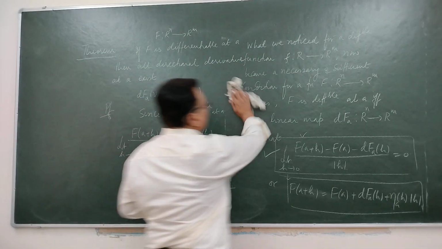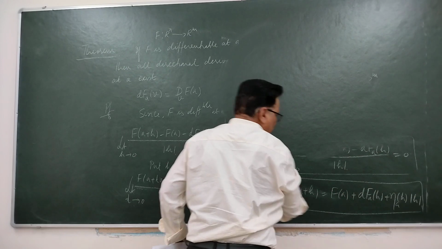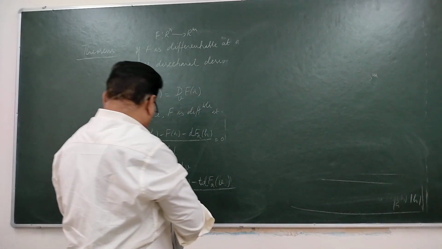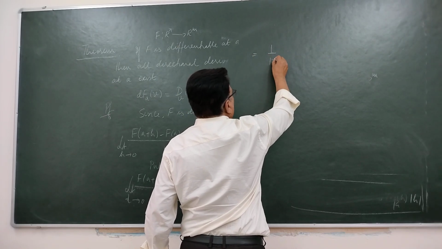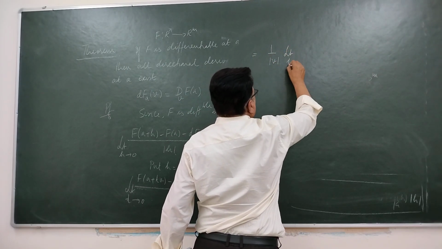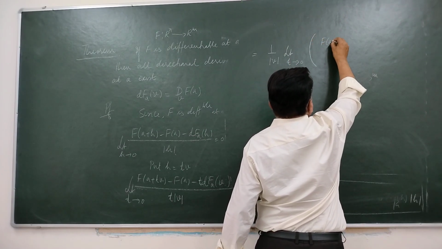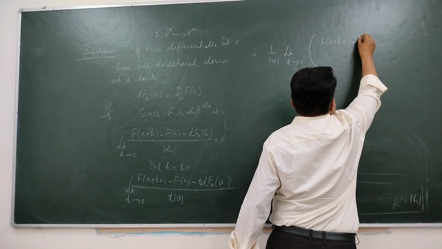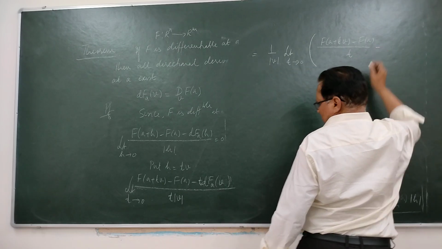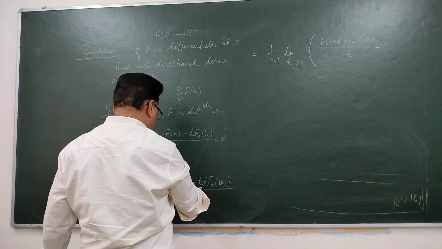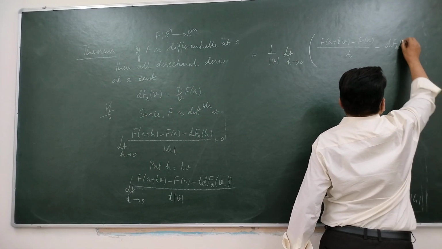Now read it again. Okay, so I will take mod of v out in the limit. So this is equal to 1 upon mod of v, limit t tends to 0. I will break it into two parts: [f(a+tv) - f(a)] upon t, mod v is already out, minus, now when you divide it by t, it will remain only df(a)(v). Is it okay?